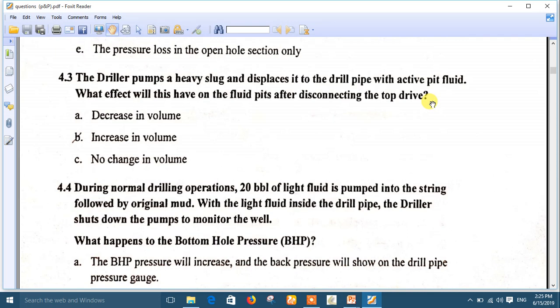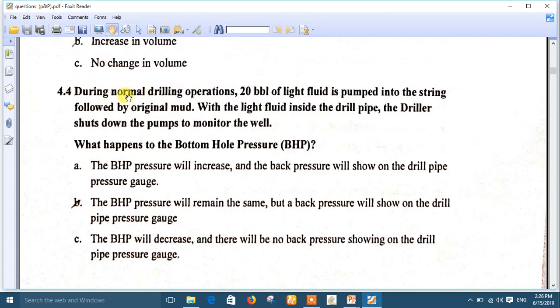But for the level to become lower, another volume must come to the pit. So the answer to the question here is that once you disconnect the top drive, the total volume in the pit will increase. This is the right answer, number B.